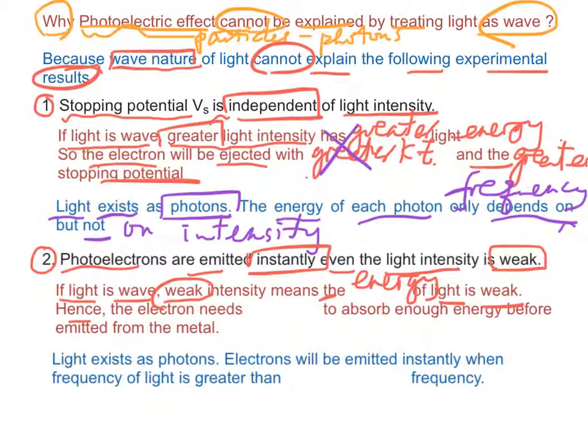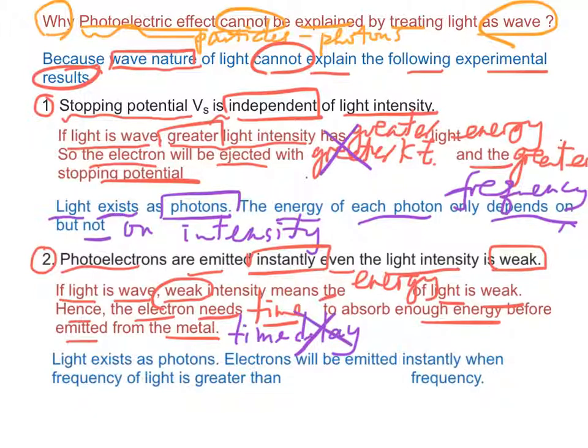Therefore, the electrons in the metal need time to absorb enough energy before being ejected from the metal. That means we should have a time delay. However, in the experiment, no time delay is found.